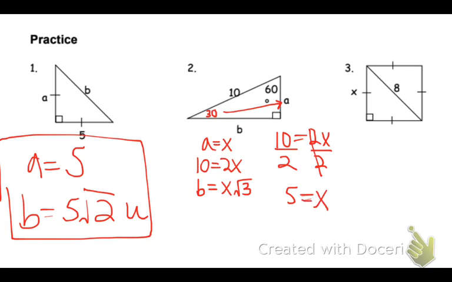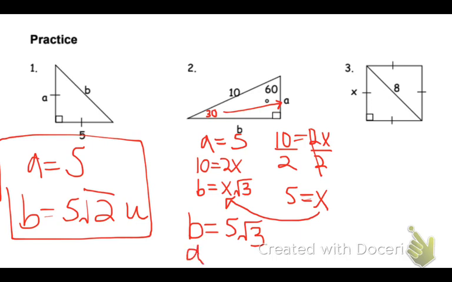So if 5 equals x, then what else do we know? Well, we know that a was equal to x, so now we know a equals 5. And then we know that b is x times root 3, and then we just figured out x is 5, so if we just substitute that in for that, 5 root 3.